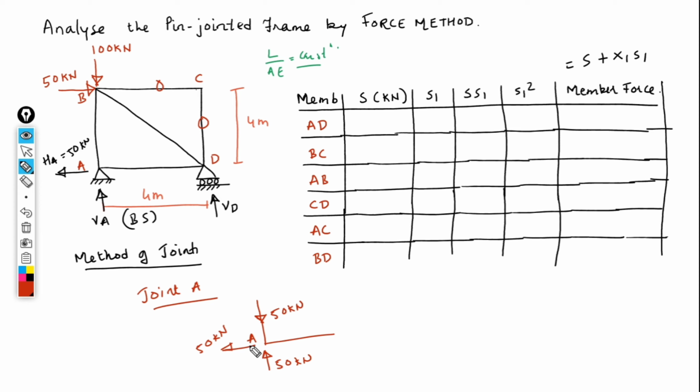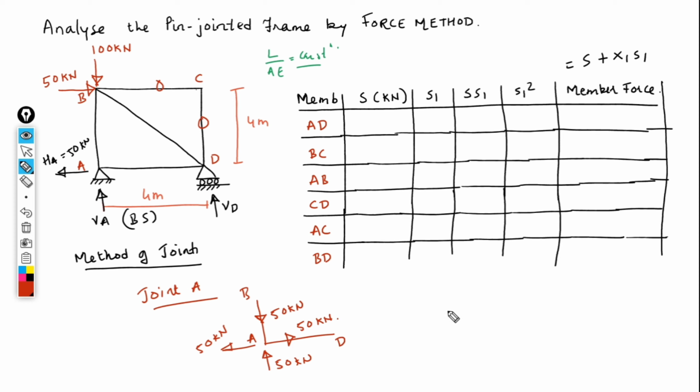To resist this horizontal reaction, the member force will be towards the right. When defining the direction of member force, we say the member force in member AB is towards the joint and the member force in member AD is away from the joint.